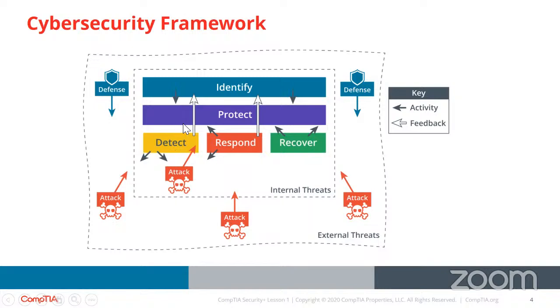Detection means where you continually monitor the protection techniques that you have put in place to be able to see if peradventure an attacker breaks or bypasses those protection techniques. So when an attacker is able to bypass, then you detect, oh, there's a flaw here. We have an intruder within the organization. This is very, very important, detecting.